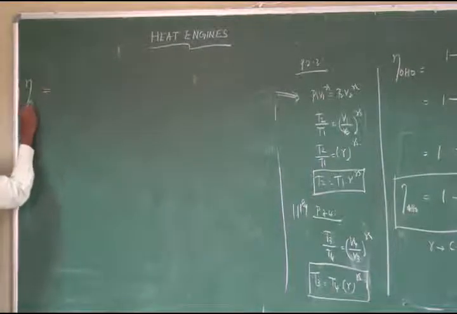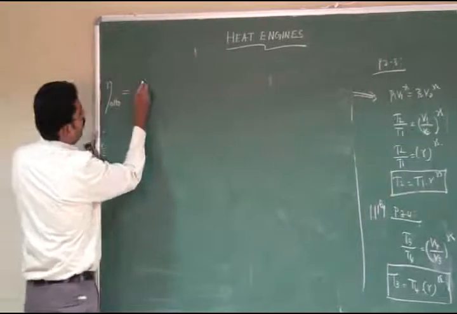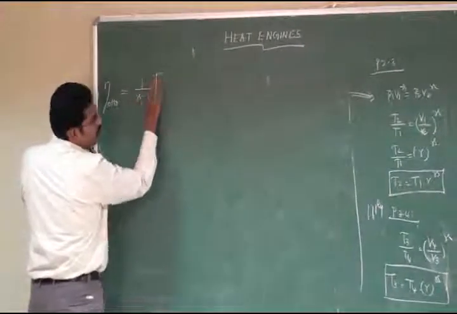Now, continuing this derivation, we keep 1 by gamma minus 1 outside.